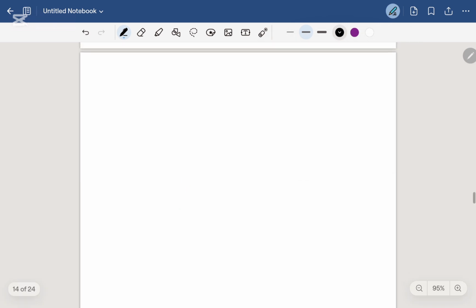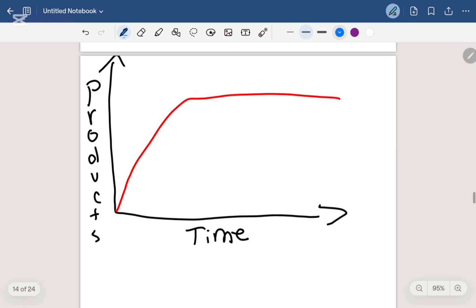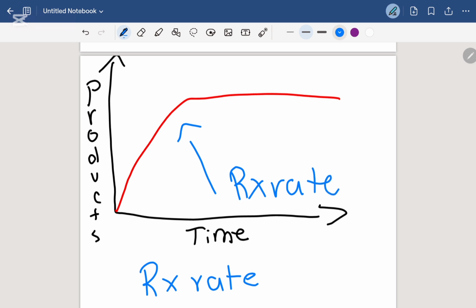Now, we're gonna draw a graph. I might cut the video and then I will draw the graph. Okay, so this is our graph. This is our graph of what? Of reaction rate. Meaning that the slope is our reaction rate. On our x-axis we have the time, and on our y-axis we have the products.